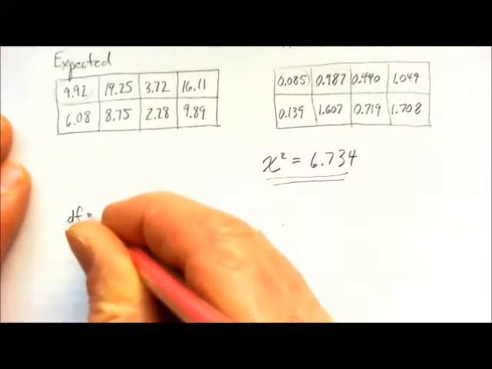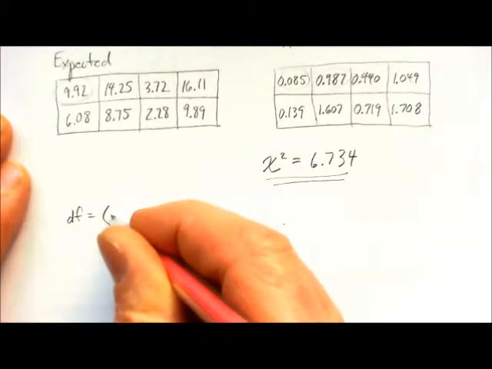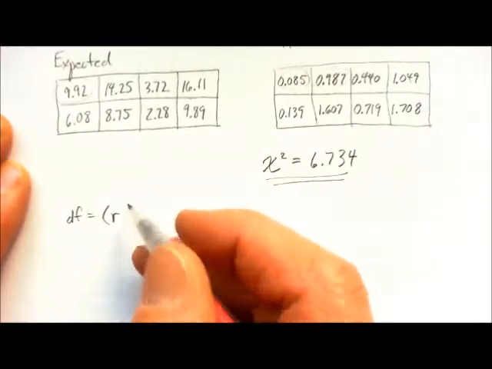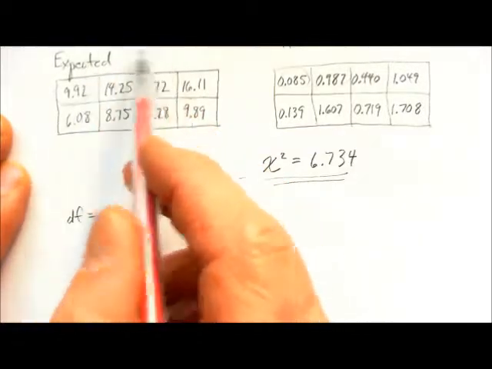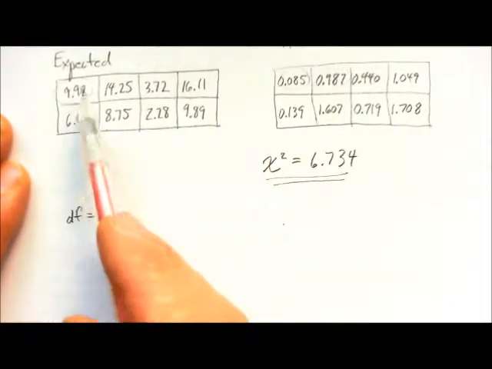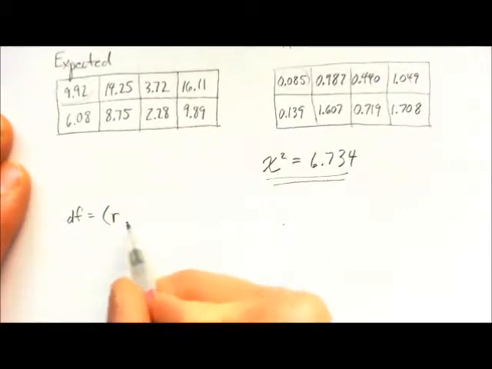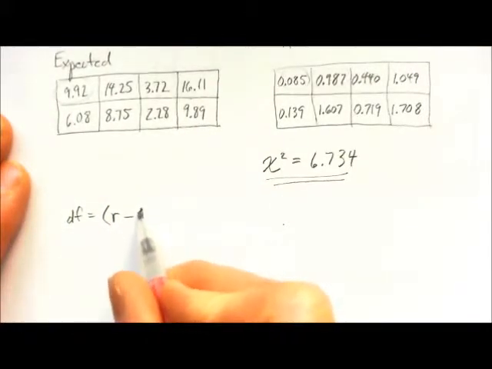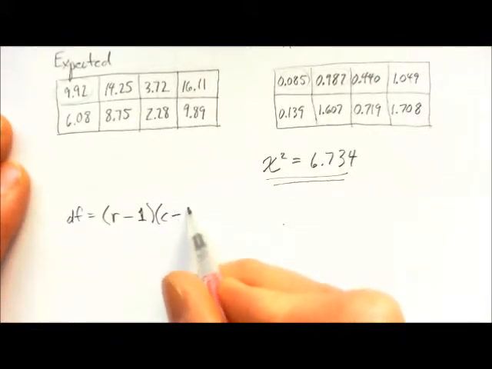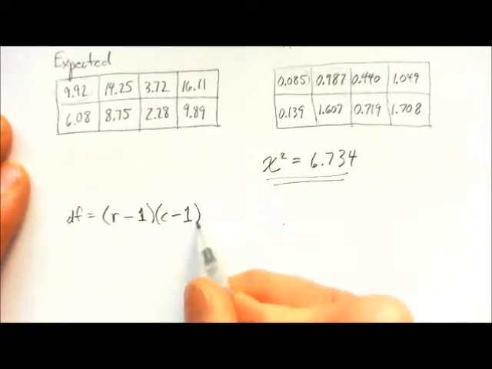The degrees of freedom is the number of rows, which I'm going to signify by R. We don't count the rows where we had marginal counts, just the original counts. So we take the number of rows and subtract 1. We take the number of columns and subtract 1, and we multiply those two together. So rows minus 1 times columns minus 1.